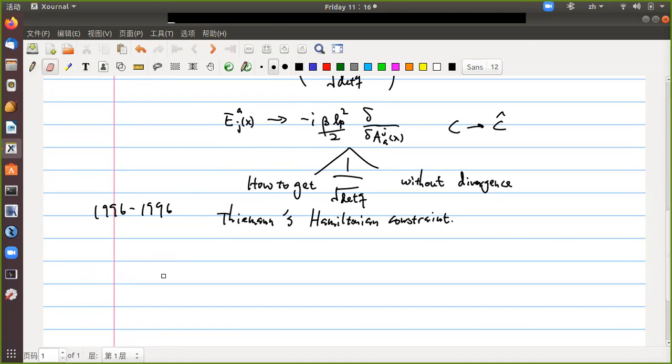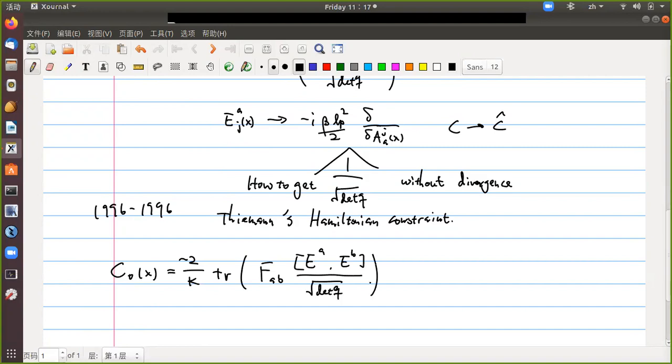Is there any question? Last time I wrote the Euclidean term of the Hamiltonian constraint in this expression: minus 2, trace of the commutator of E^a and E^b, divided by the square root of the determinant of Q. By the way, last time there was some question about this commutator. It is not a quantum commutator of operators.